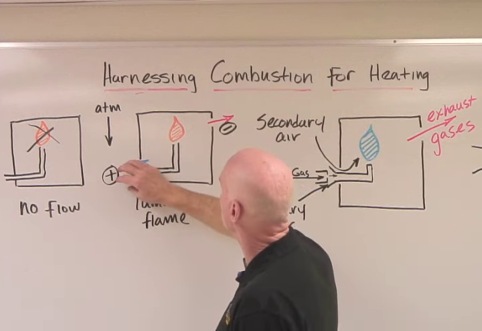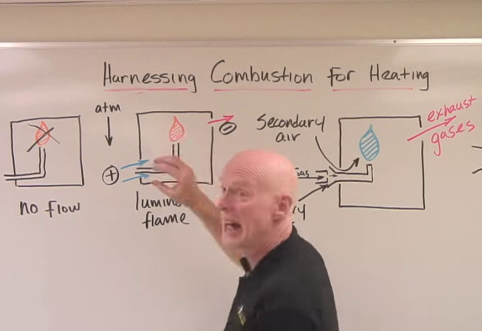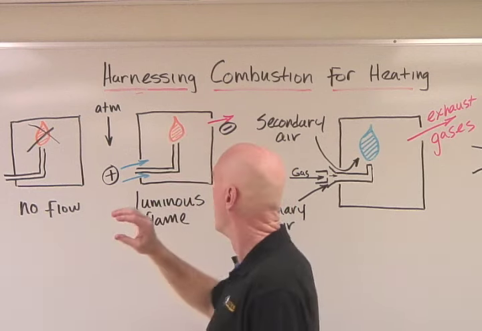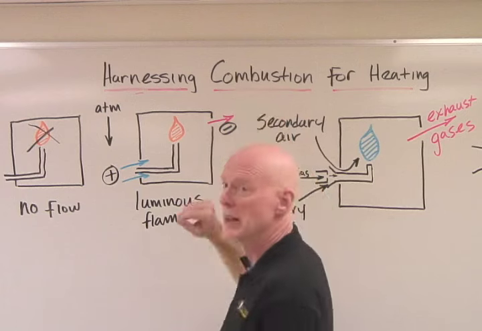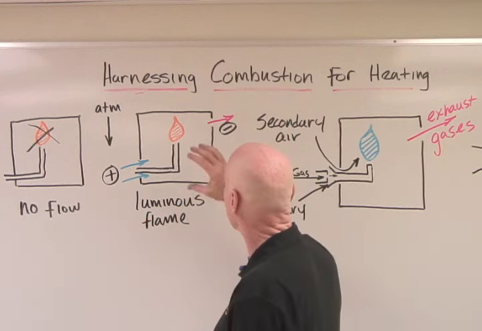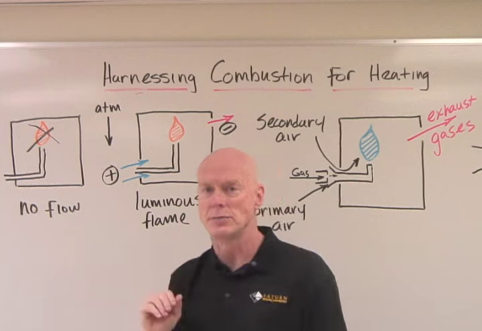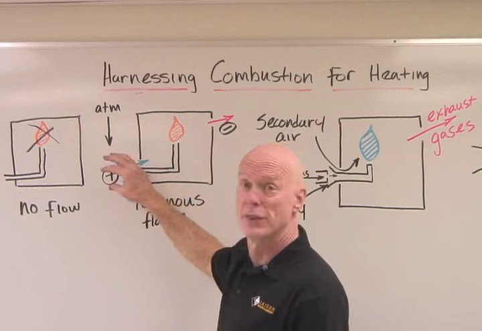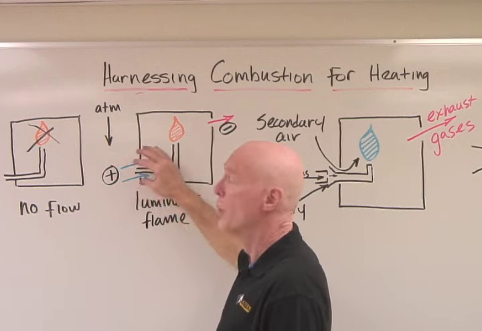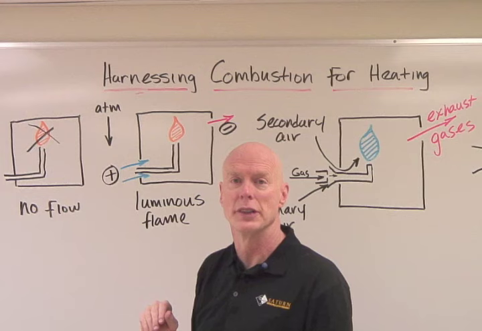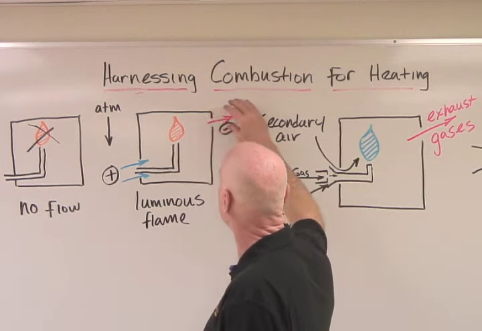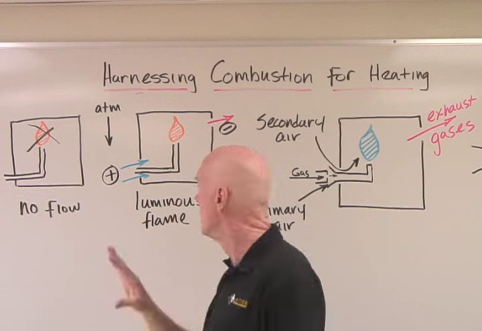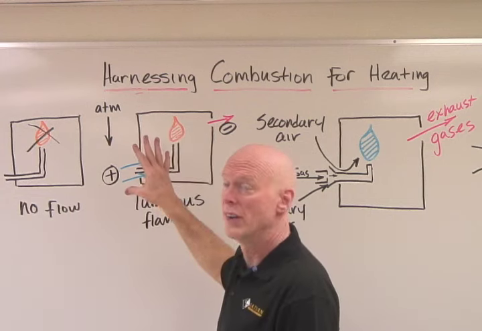We need combustion air to be continually added to the flame, and we need the exhaust gases to be removed. Because if the combustion air were not added continuously, and if the exhaust gases weren't removed continuously, the flame would go out, wouldn't it?